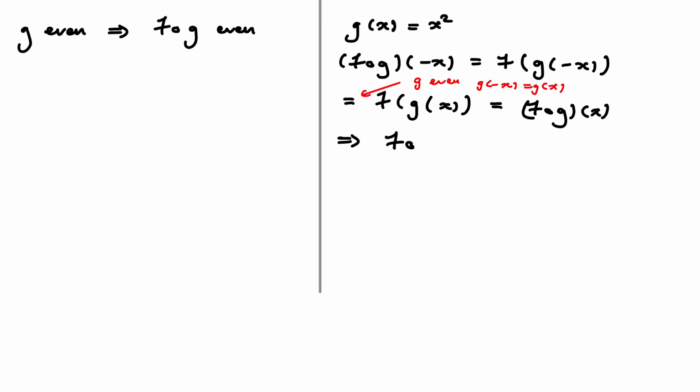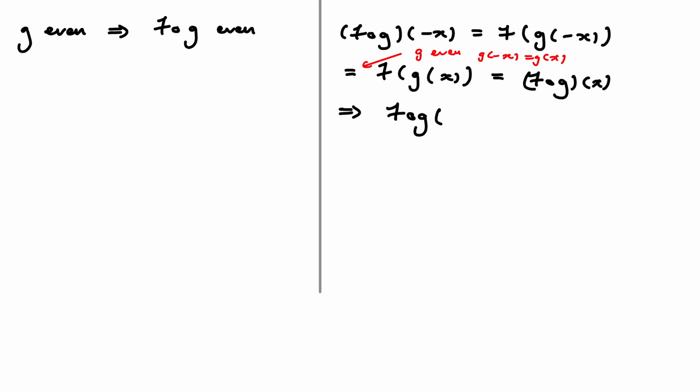So this is exactly the statement that f composed with g is an even function. I'm doing a general proof here, so I really don't need the x squared. We've checked the defining property. With all this kind of thing, you need to really understand the definition of what even is. I'm feeding in minus x because that's what matters when it comes to checking if something is even or odd.